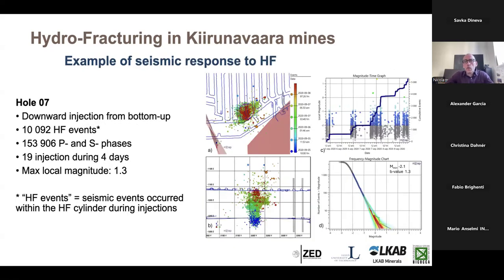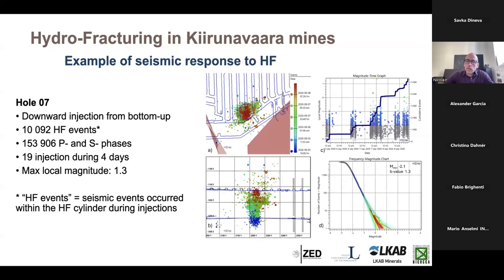Here I show you what we consider a seismic response to hydrofracturing for hole 07. This was a downward injection, from the bottom up. We collected 10,000 hydrofracturing events, and we call hydrofracturing events all the events occurring in the hydrofracturing cylinder, a region around the hole, during the injection, not before and not after.